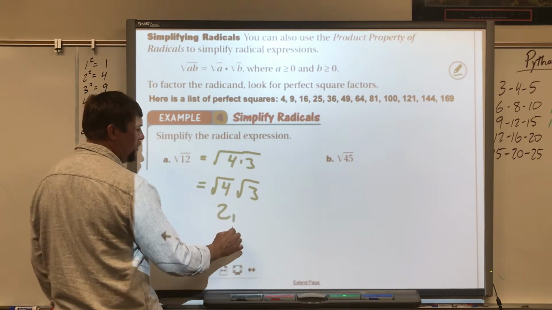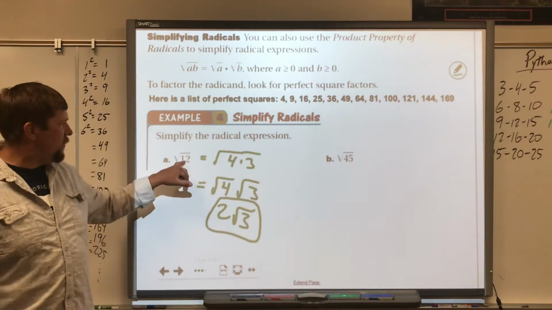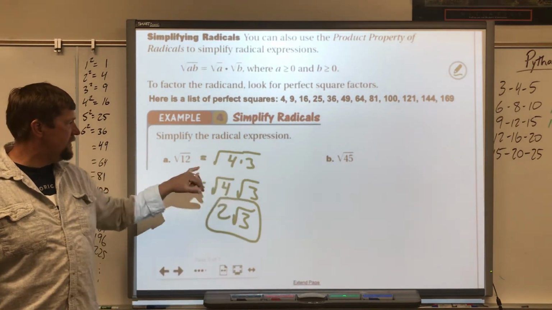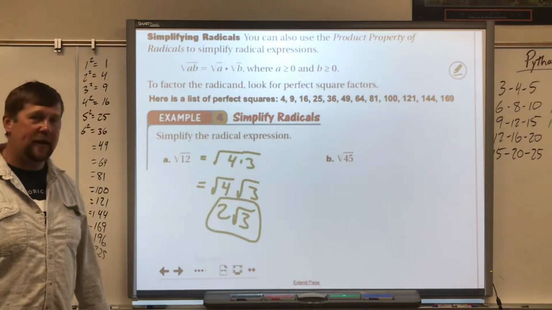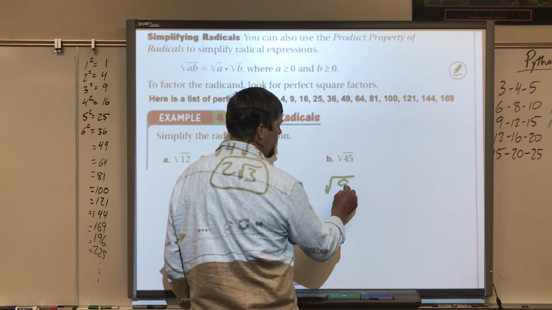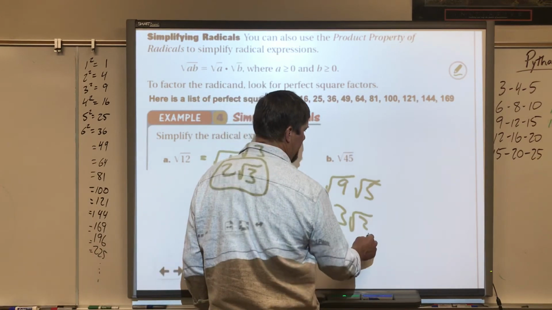So that is 2 square root of 3. That is my answer. I always want to look for a factor that's a perfect square. 4 is a factor that's a perfect square, so when I take the square root of 4, I get 2. For 45, you have the square root of 9 and the square root of 5, which is 3 square root of 5.